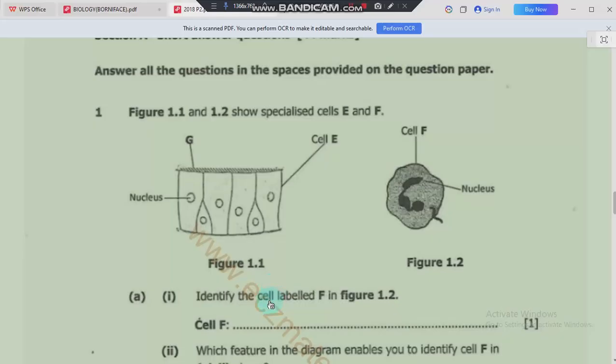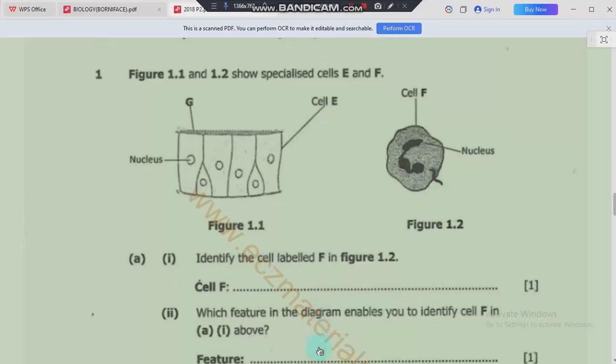From the lesson which we just had, we know to say this cell is a phagocyte cell. Now let's go to A2. A2 says, which feature in the diagram enables you to identify cell F in A1 above? So what has helped us to identify this as a phagocyte cell? We are able to see our nucleus, which is lobed.